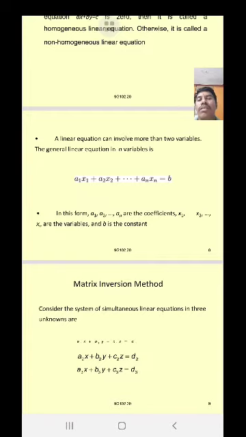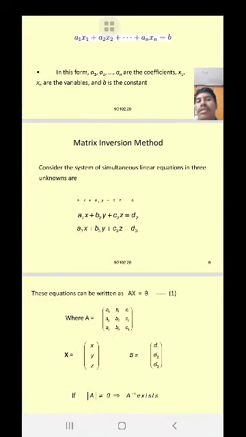In this form, a1, a2 up to an are the coefficients, x1, x2 up to xn are the variables, and b is the constant.